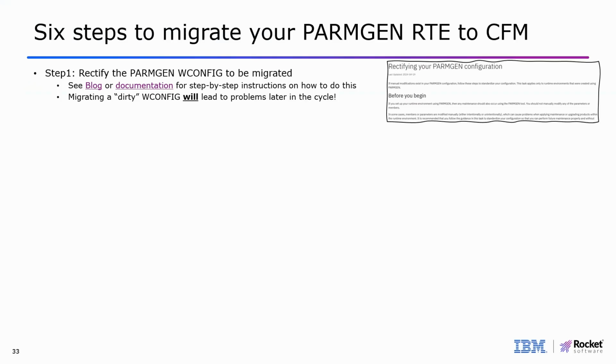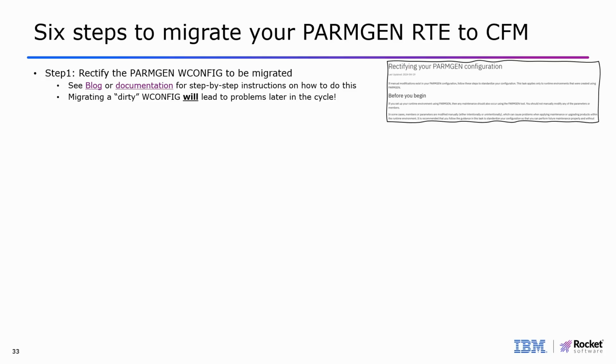There are effectively six steps that we are recommending. Step 1, and that's a very important step, as we have learned in several of the migrations that we did. I call that rectify your ParmGen config, meaning make sure that your ParmGen configuration is intact, is not dirty.